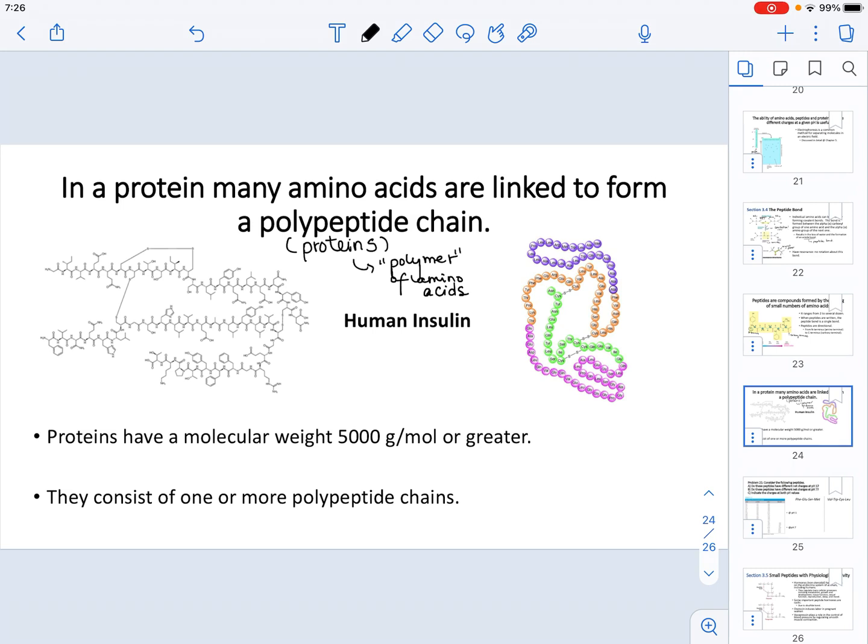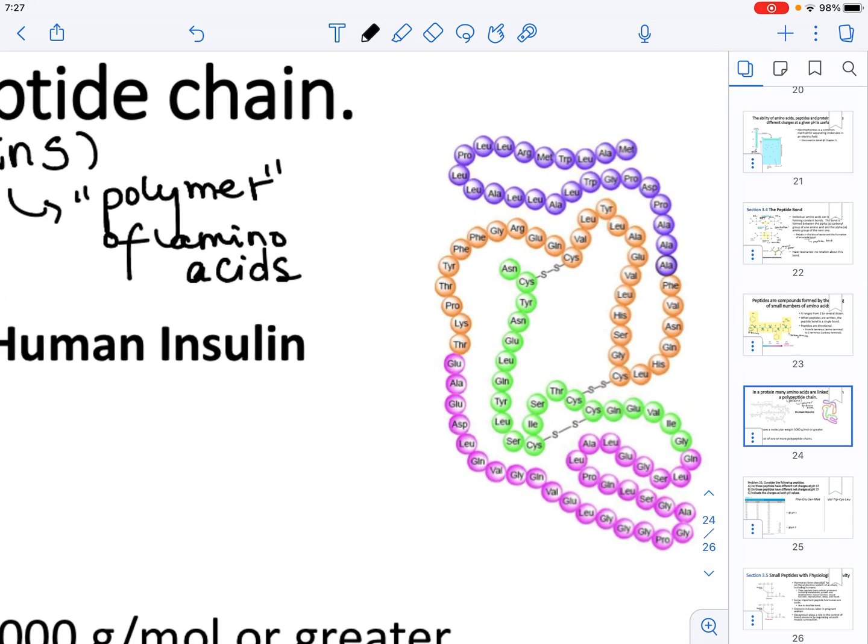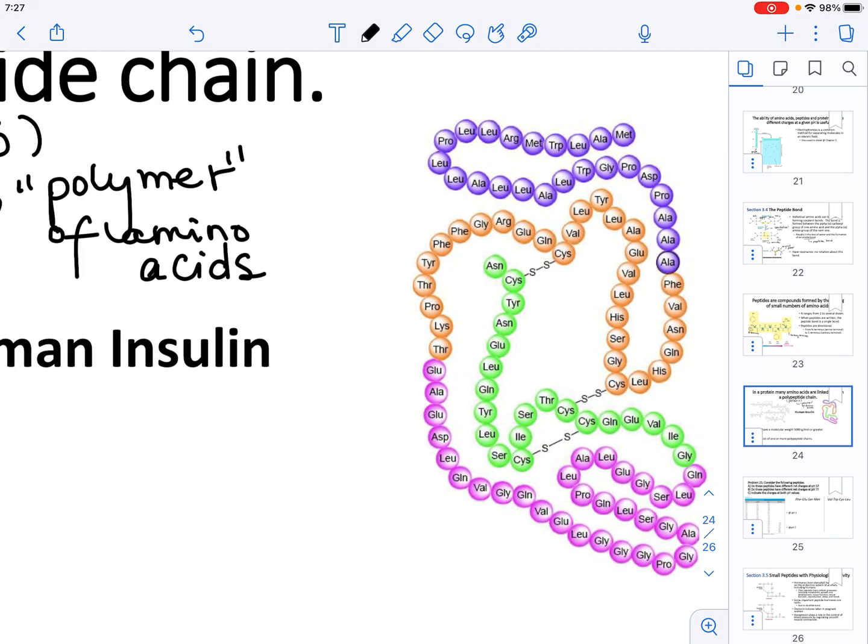In human insulin, it is a very interesting molecule because human insulin is actually made by two polypeptides coming close to one another. One of the things that I mentioned earlier in these slides is that the cysteine residues, so I'm just going to zoom in, for proteins actually form a disulfide bond.